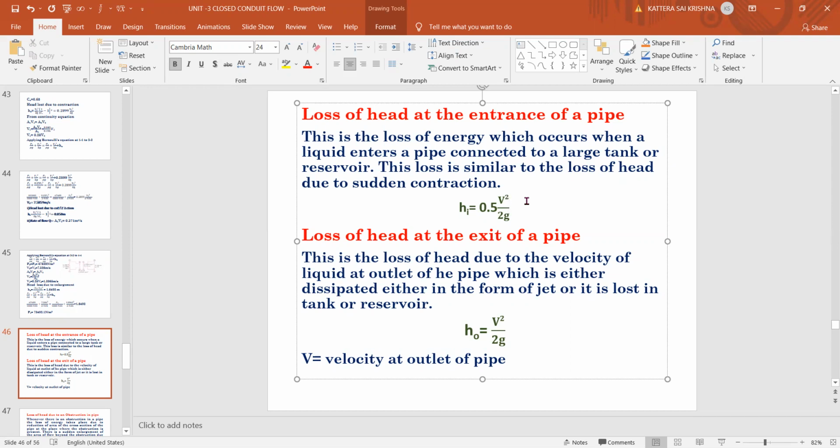Similarly, at the exit, whether it is connected to a tank or coming out in the form of a jet, there will be some loss because of the change in velocity. So H naught is nothing but the loss at the outlet; you can remember it as outlet. At the outlet of the pipe, H naught equals V square by 2G, where V in both cases is the velocity of the fluid in the pipe.